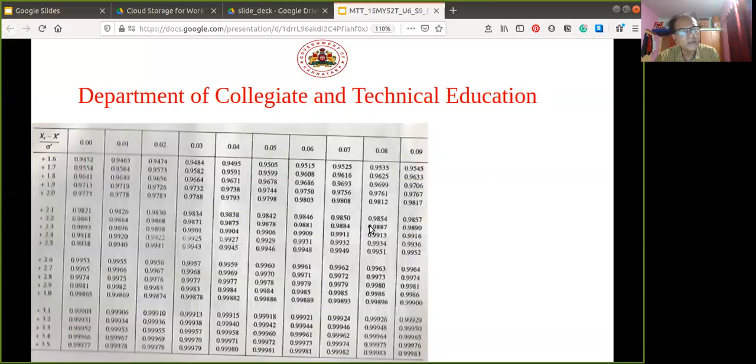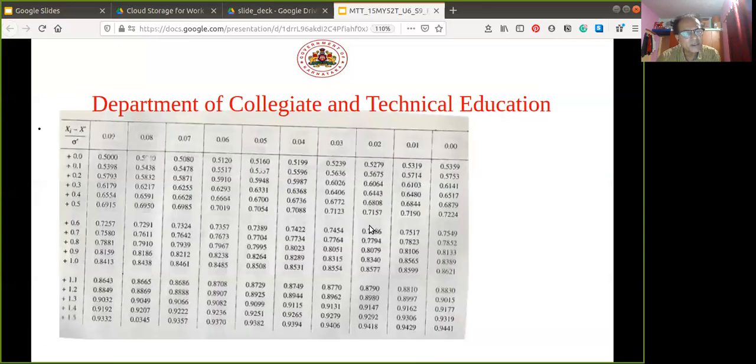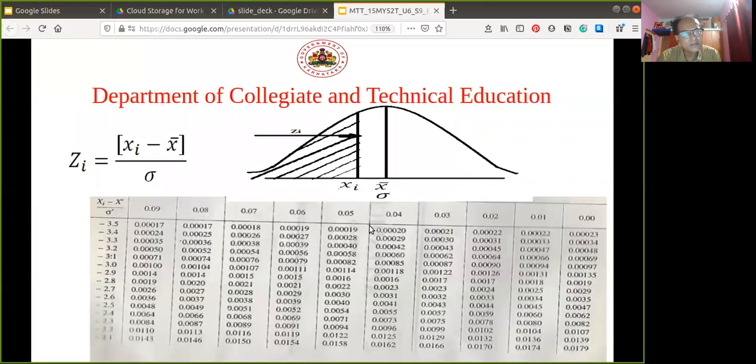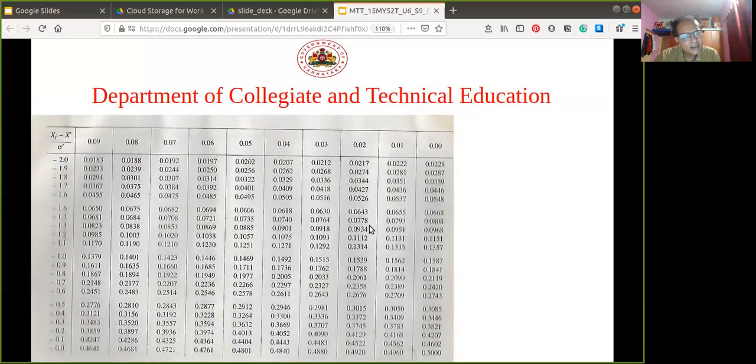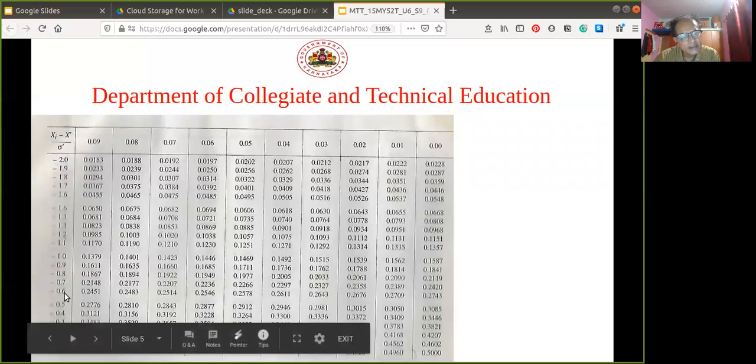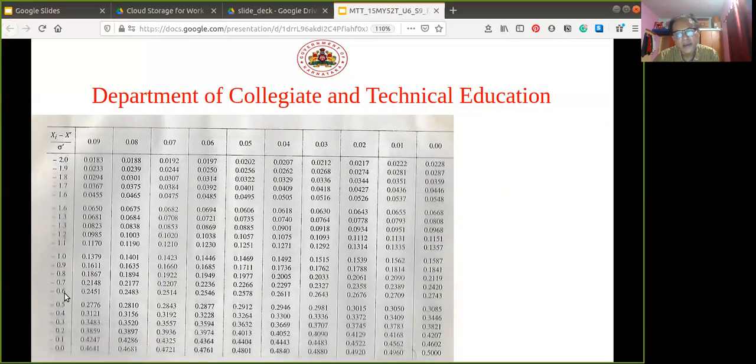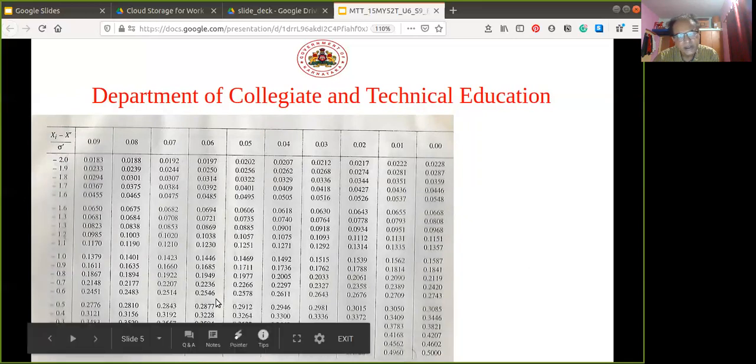You can see it from the table, minus 0.6, then 2 or 3, so 6, 2 or 6, 3.